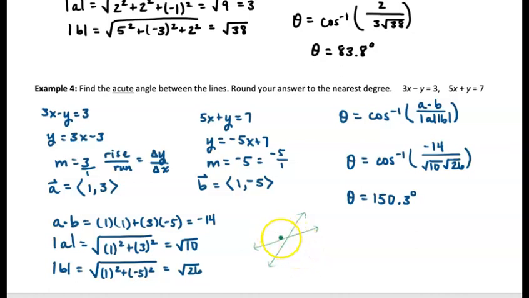Now I know that this angle and this angle has a sum of 180 degrees. So if I found that one of the angles between the intersection of two lines is 150.3, then I can find that acute angle by just subtracting this from 180.